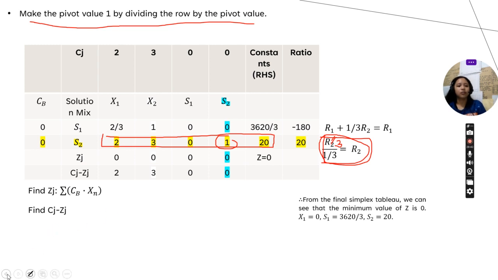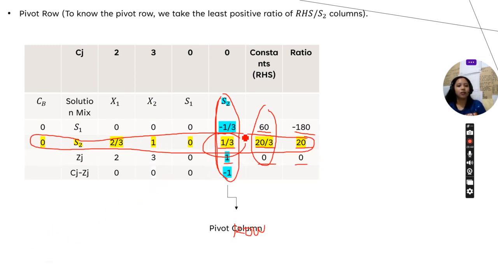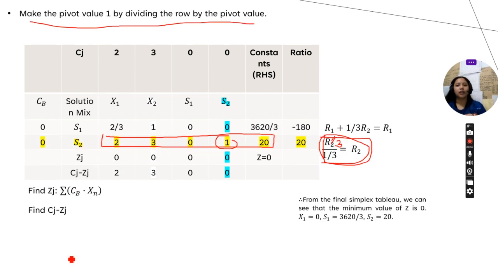And here, in row 1, we have a value of negative 1/3. To make this 0, we should add 1/3 from this formula.